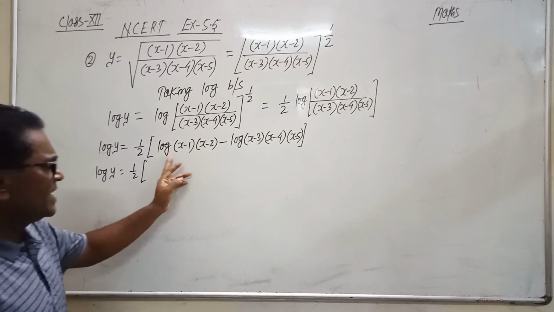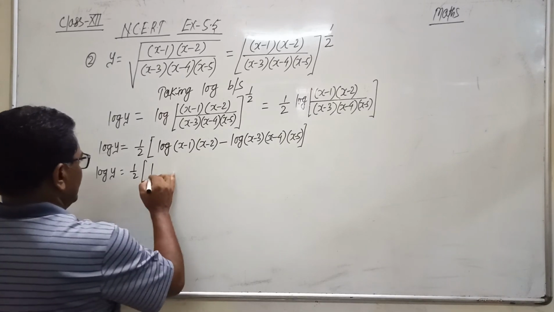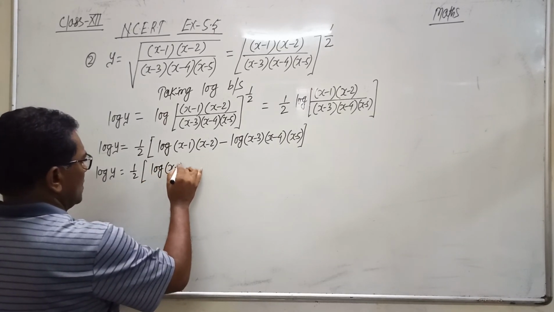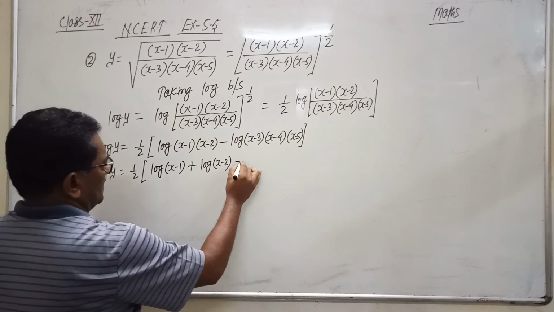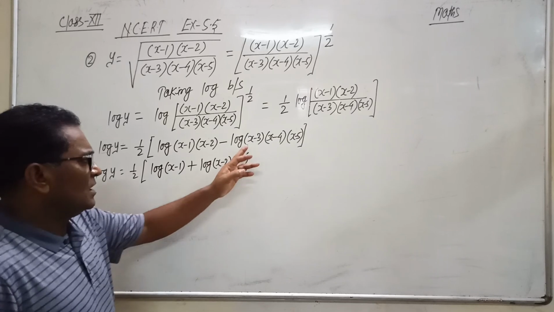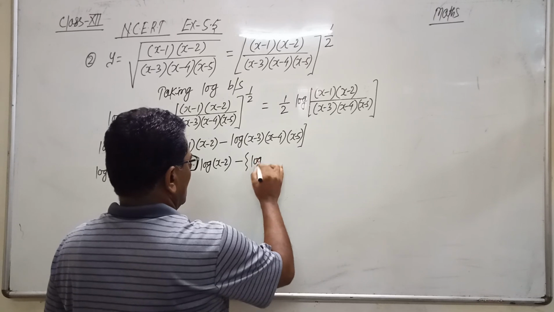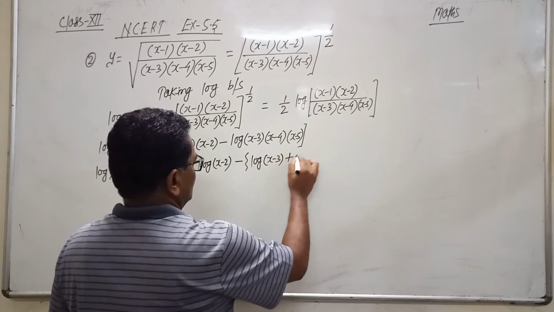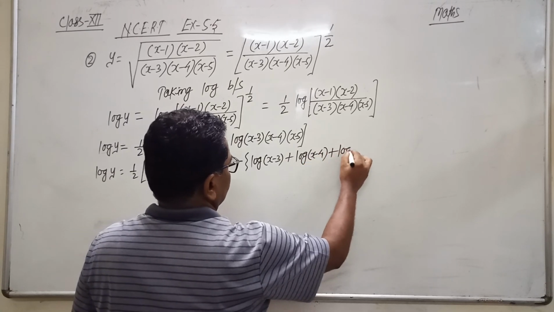Again in this term we use the property of log, that log of a into b is written as log of a plus log of b, minus, and this is also expanded on the same property, log a into b into c. So it becomes log a plus log b plus log c.